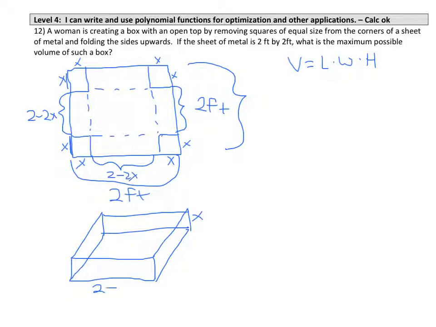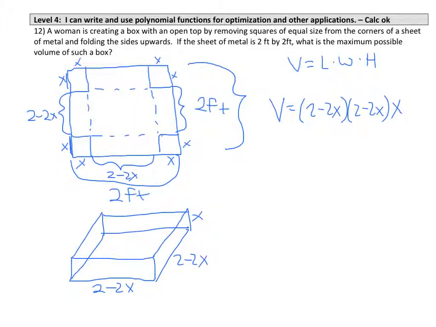So this dimension is 2 minus 2x, and so is this. And then my formula for the volume of this open top box is going to be the length times width times height. The length is 2 minus 2x, the width is 2 minus 2x, and the height is x. And there is a formula for the volume.